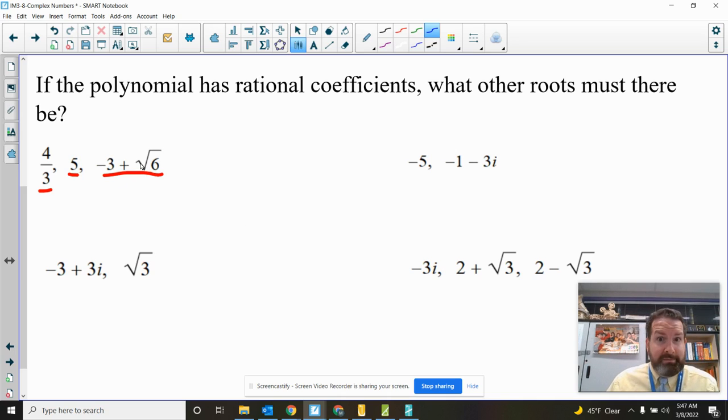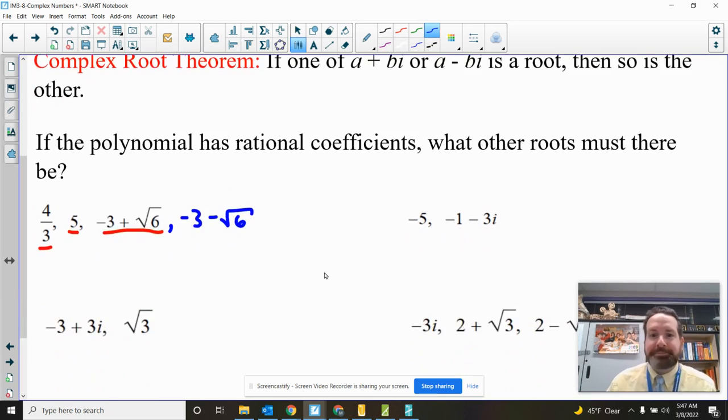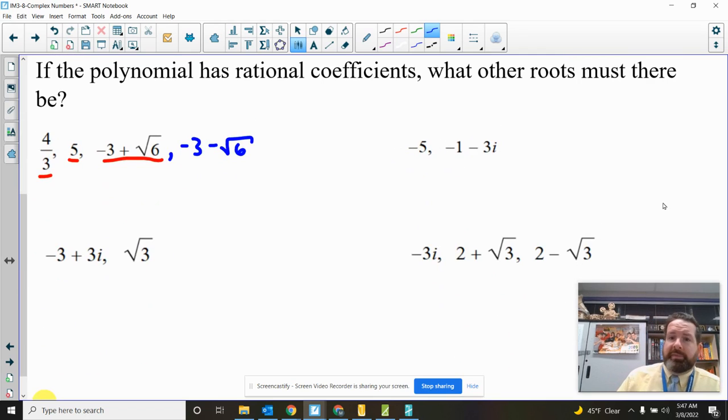But this one does have a square root in it. So according to our irrational root theorem, if -3 plus the square root of 6 is a root, then -3 minus the square root of 6 must also be another root. So look at that. We figured out another root without even knowing what the equation was. That's pretty impressive. Let's keep going. Second set. If we've got -5, okay, that's a rational whole number, so it doesn't have a root, doesn't have an i in it.